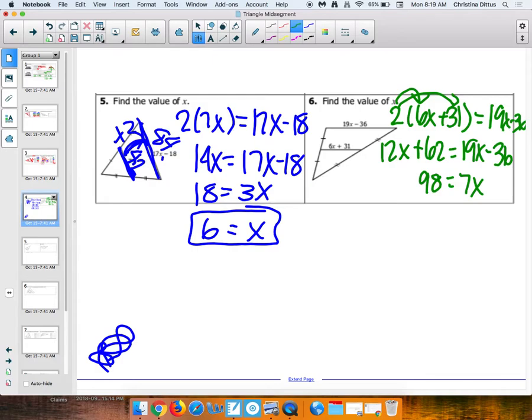Subtract your 12x, we get 7x. Which makes x how much? 14.